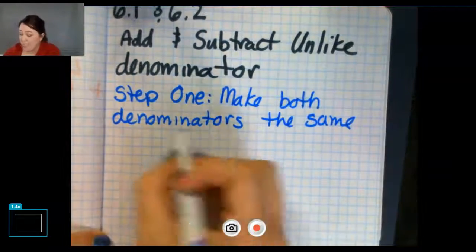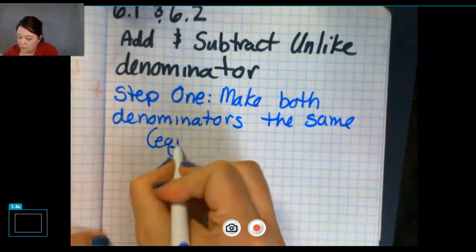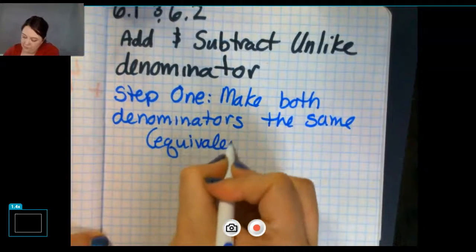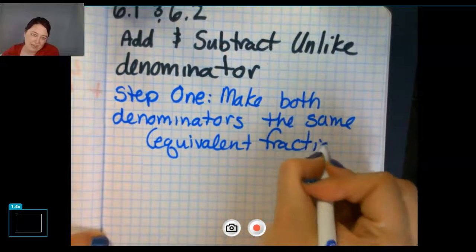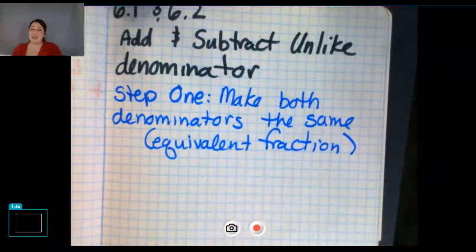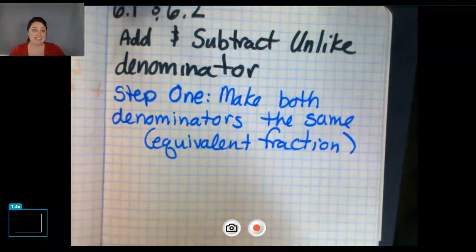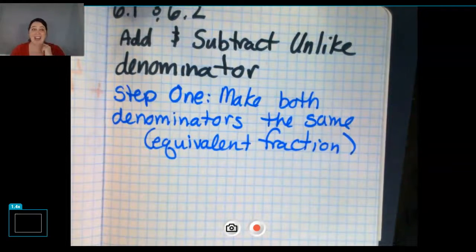And this means equivalent fractions. Okay, step 1 is to make both of those denominators the same. You need to have an equivalent fraction.